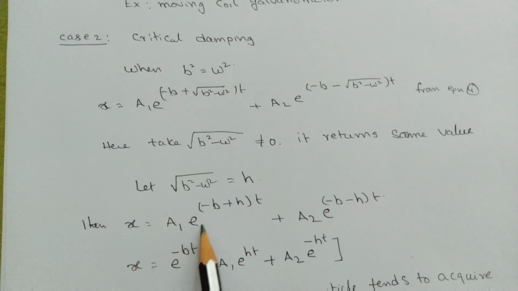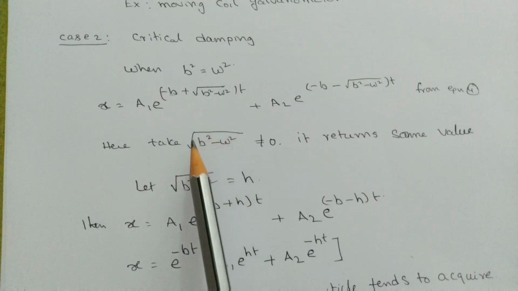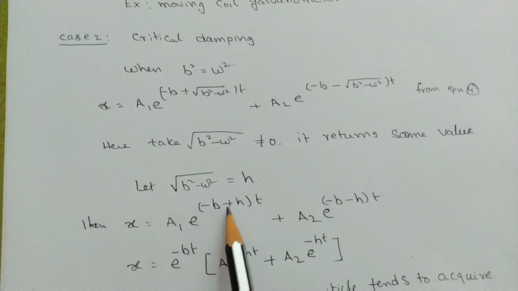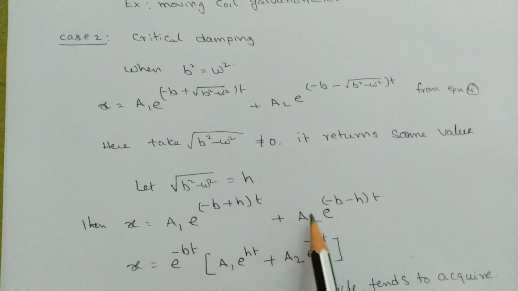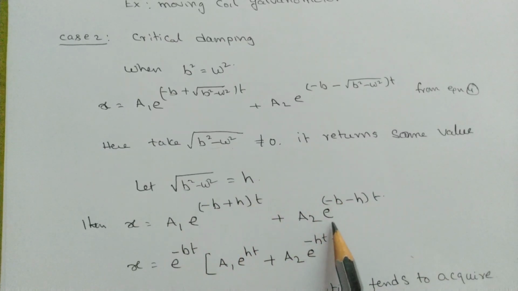Then x = a1 e^(-b + h)t + a2 e^(-b - h)t, where instead of root of (b² - ω²) we substitute h. Now we take e^(-bt) as a common factor.